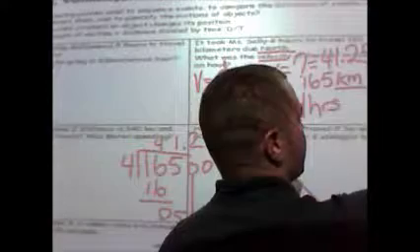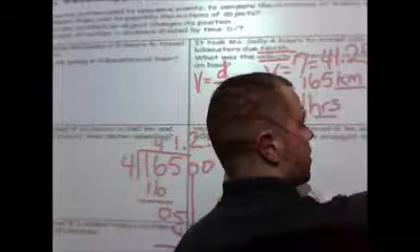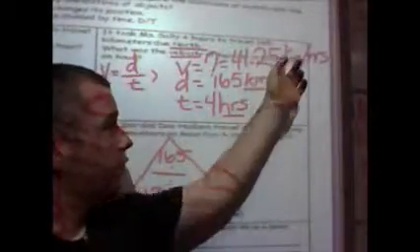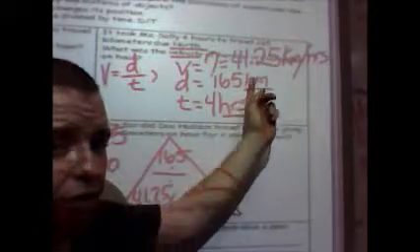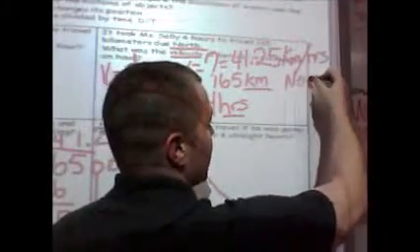So she was going 41.25 kilometers per hour, and what direction was she going? My time was in hours, so she's going kilometers per hour, and it said earlier she was going north. So her velocity was 41.25 kilometers per hour north.